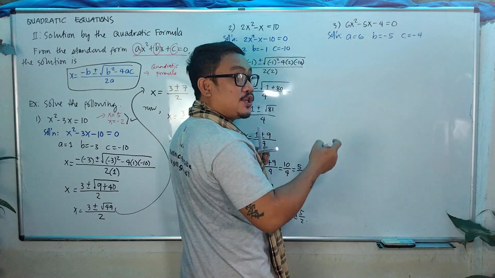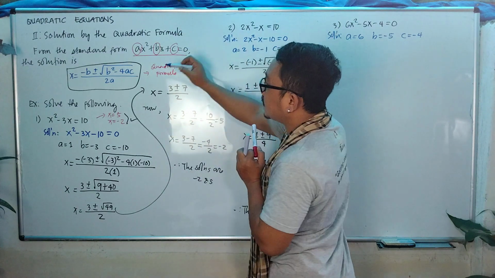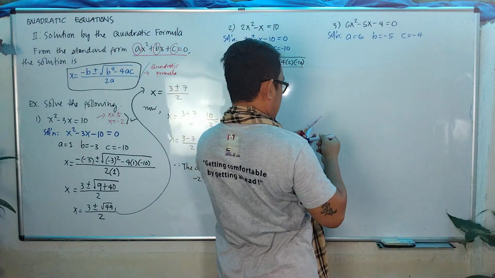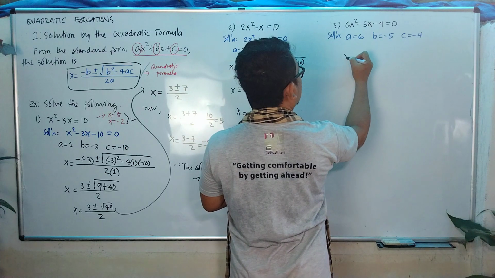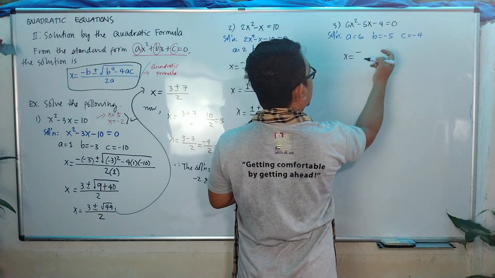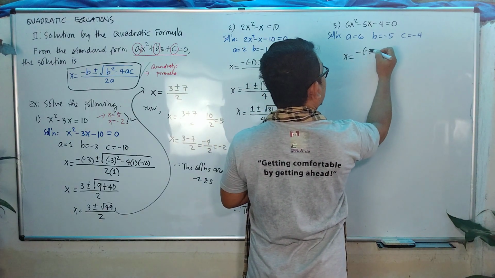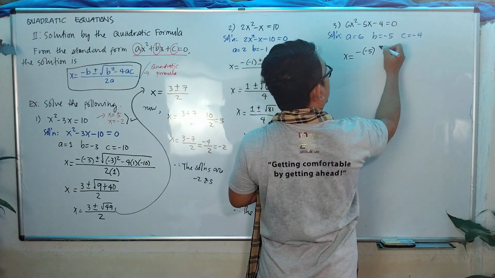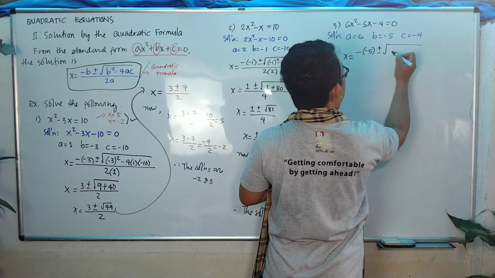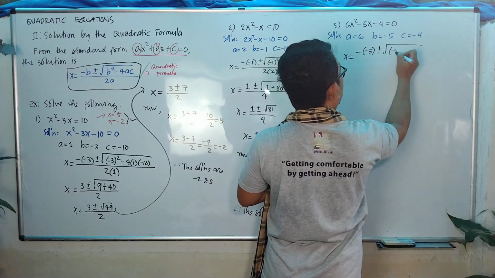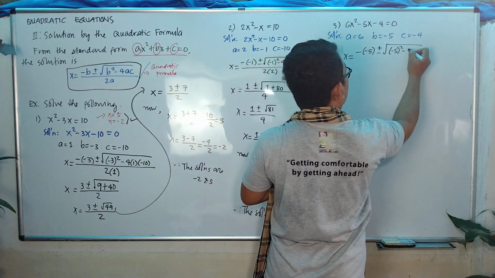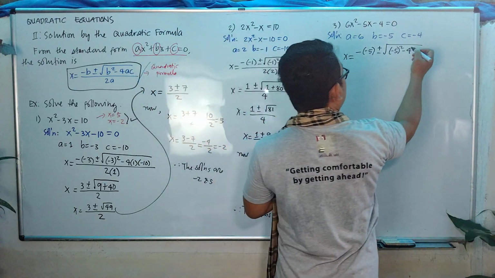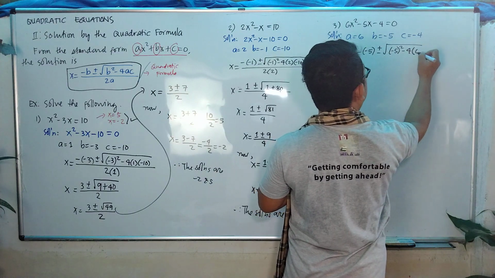Now, we will substitute that again in our quadratic formula. So, x is equal to negative b. Enclose it in parentheses because the sign of b is negative. Plus or minus the square root of negative 5 squared minus 4 times A, what is our A? 6.